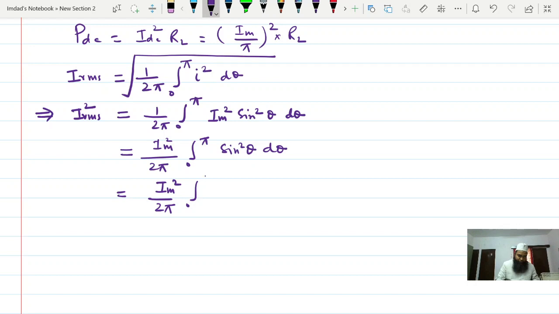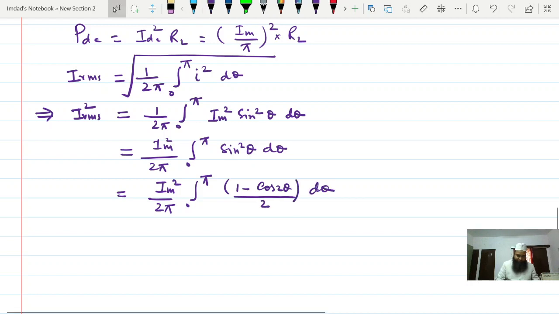We can write sin square theta equal to 1 minus cos 2 theta upon 2, d theta.